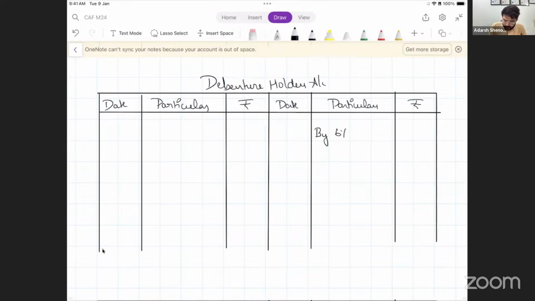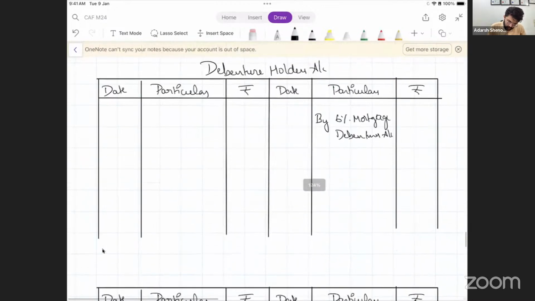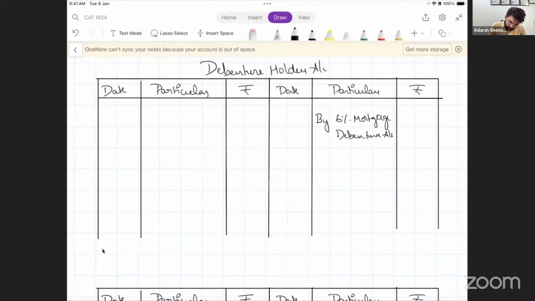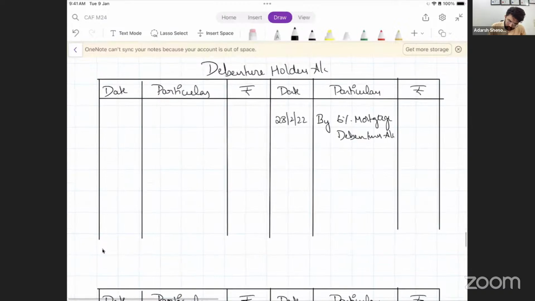By 6% mortgage debentures account, 10 lakhs. By premium on redemption, 10,000.